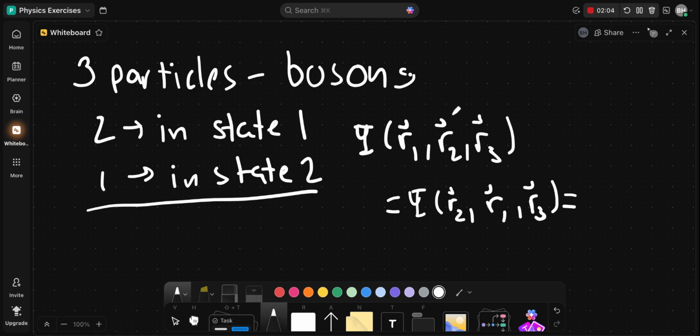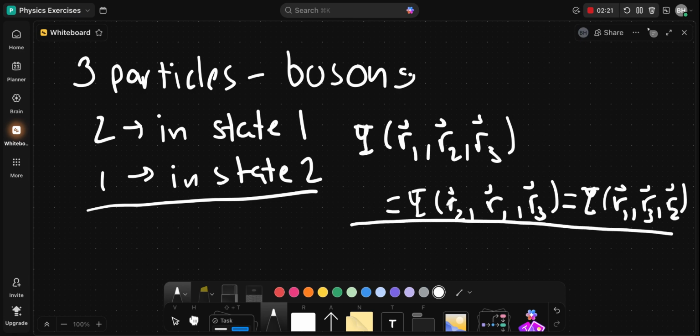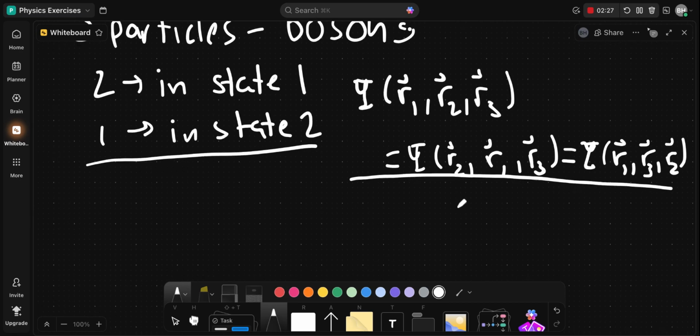If you switch 3 and 2, it should also be equal to psi of r1, r3, r2. These conditions should be satisfied for any pair. Any two-particle exchange should lead to the same wave function.